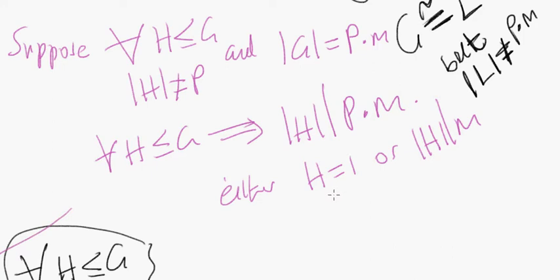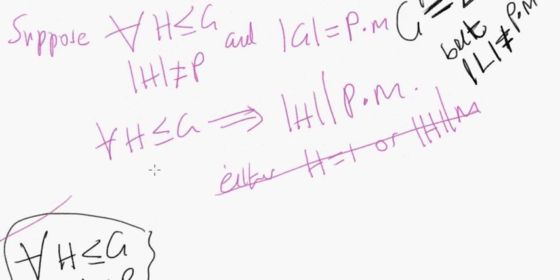So if the order of H does not equal P for all H subgroup of G, can't we say that the order of H must divide M? Because if H is the identity, sure, doesn't the order of the identity divide M?